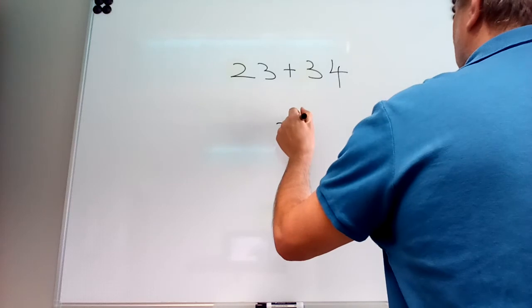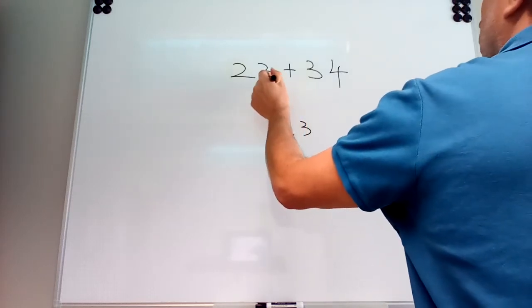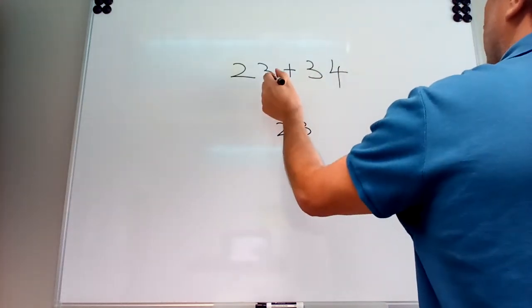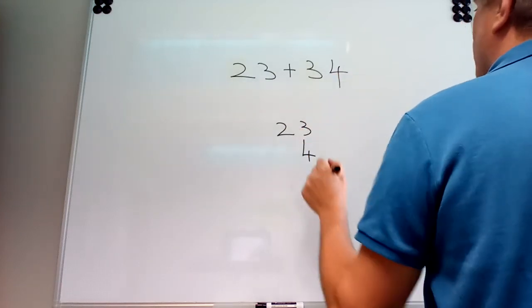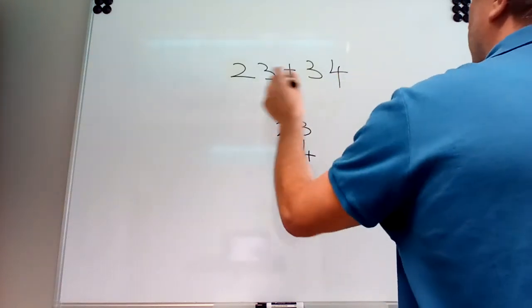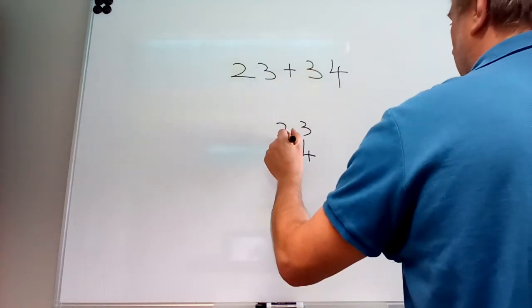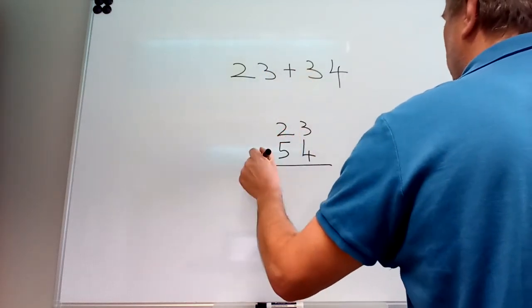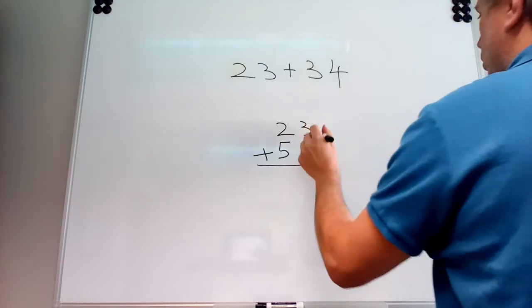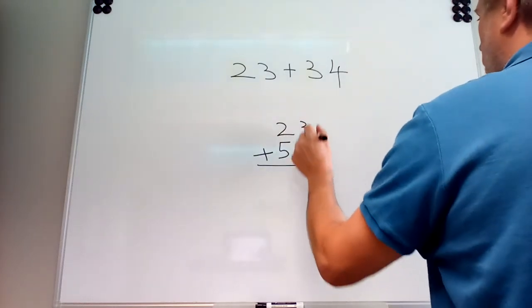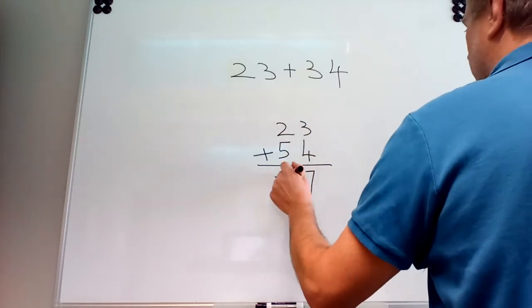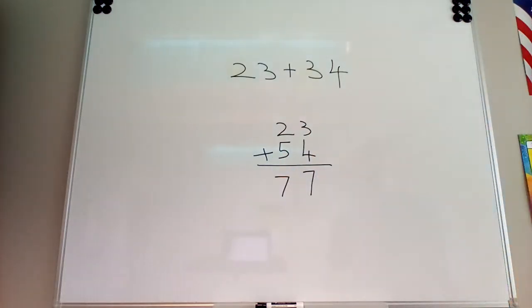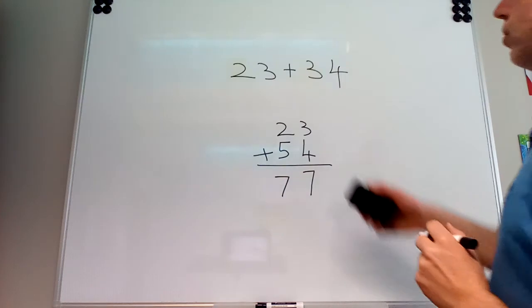The numbers in the ones place, which would be your 3, line up directly on top of and underneath each other. Then the numbers in your tens place line up. That way, when you add, you just add straight down. So 4 plus 3 is 7, and 5 plus 2 is 7. That would be your sum of these two numbers.